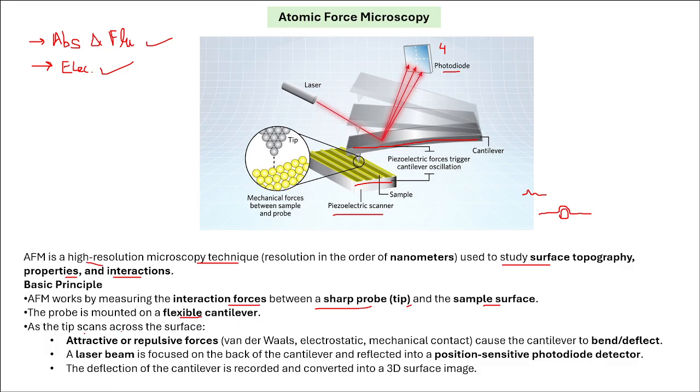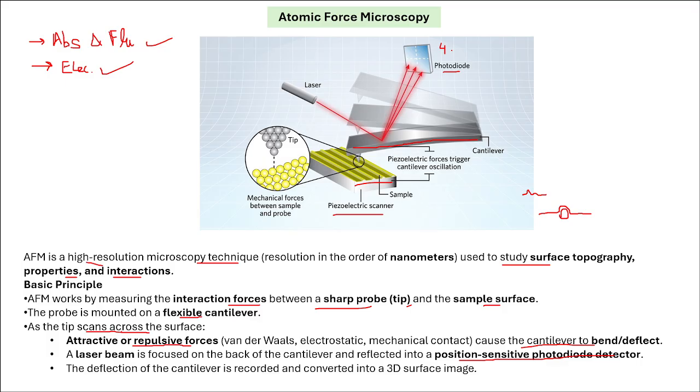As the tip scans across the surface, attractive or repulsive forces cause the cantilever to bend or deflect. A laser beam is focused on the back of the cantilever and reflected into a position sensitive photodiode detector.